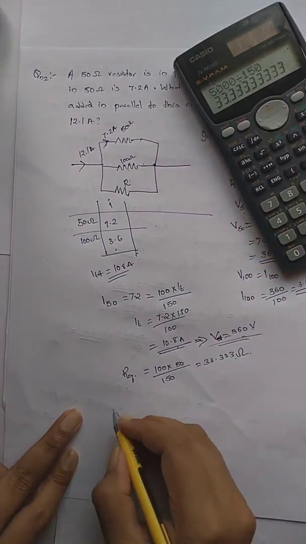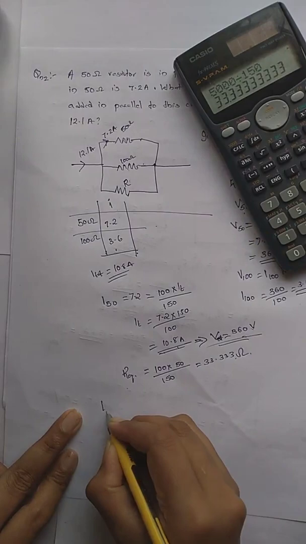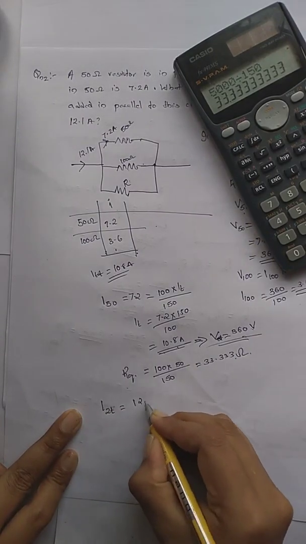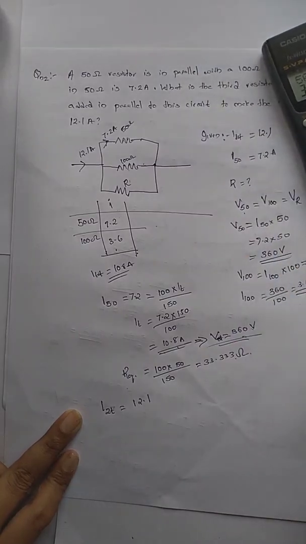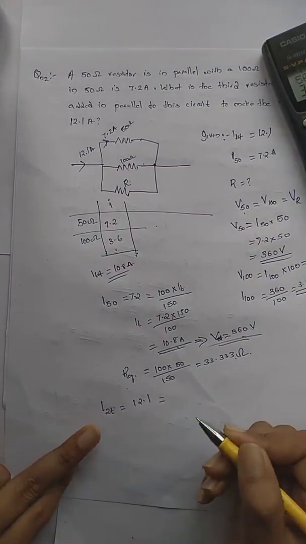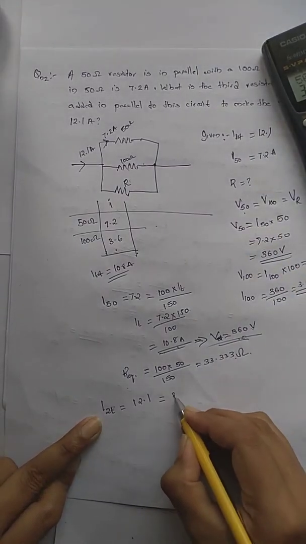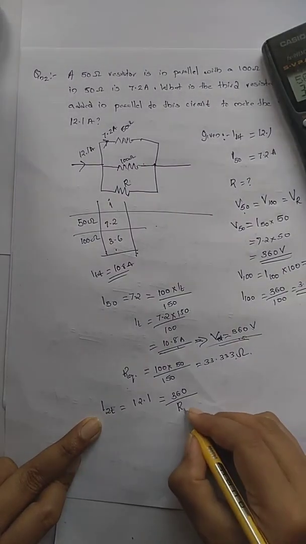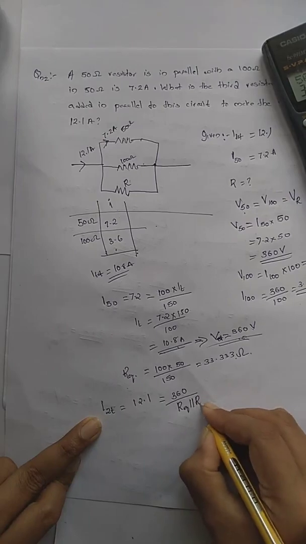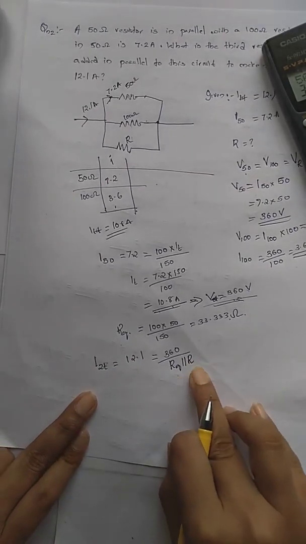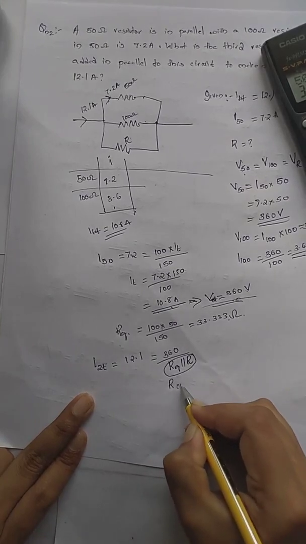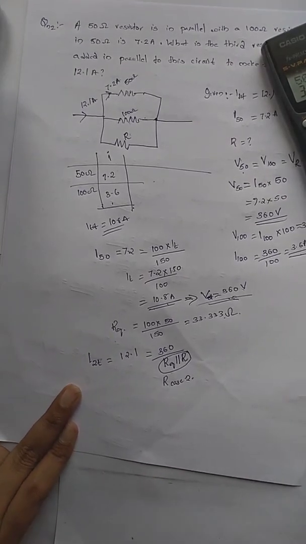What do we have to make? We have to increase our current. In the second case, I2 total should be equal to 12.1, isn't it? So 12.1 is equal to this voltage 360 divided by the new total resistance, that is R equivalent of case 2.